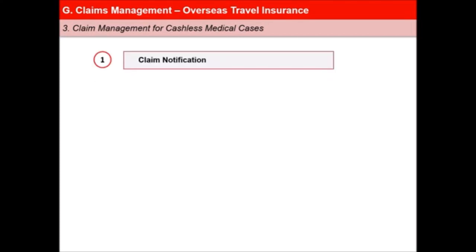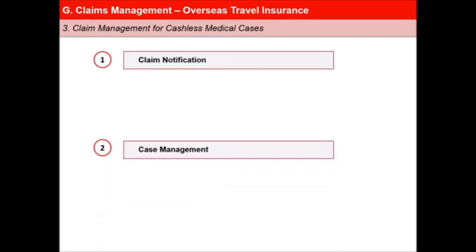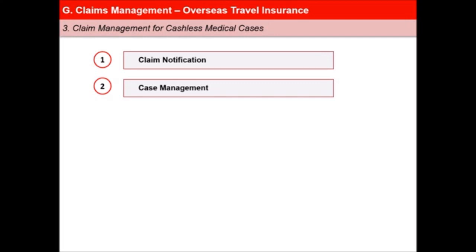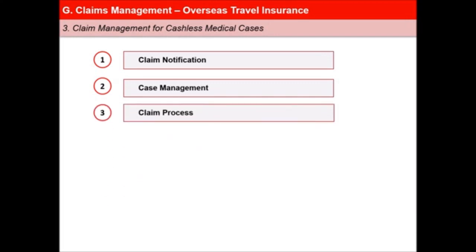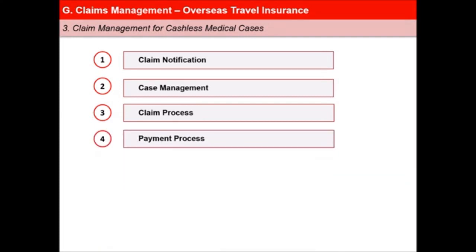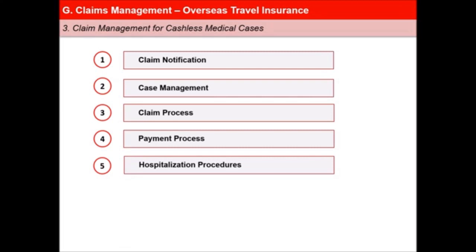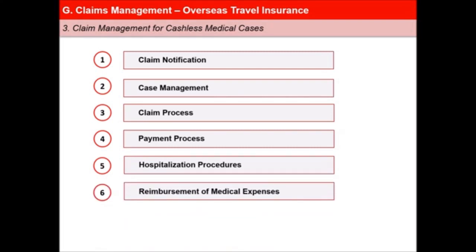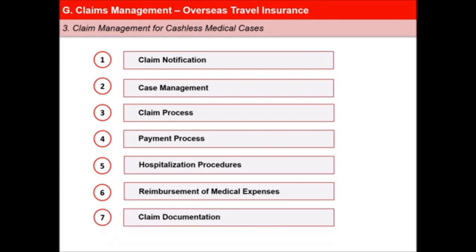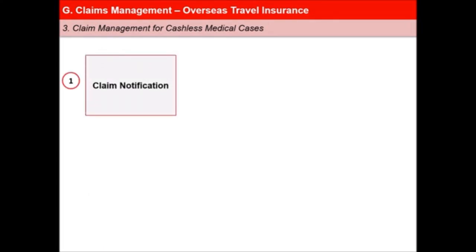First, claim notification. Second, case management. Third, claim process. Fourth, payment process. Fifth, hospitalization procedure. Sixth, reimbursement of medical expenses. And seventh, claim documentation.